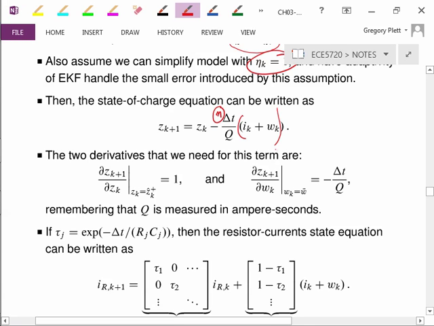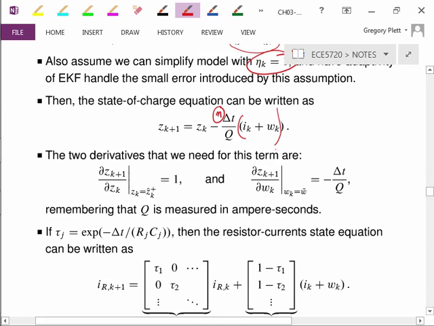We need to compute the derivative of z with respect to previous z, and that's simply 1, and the derivative of z with respect to w, and we see that's minus delta t over Q.